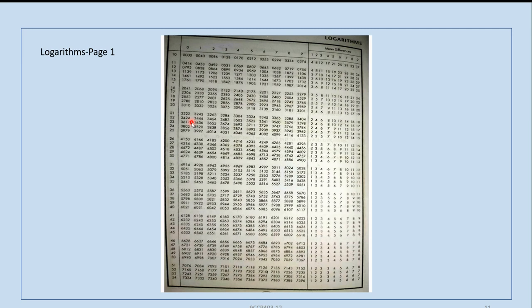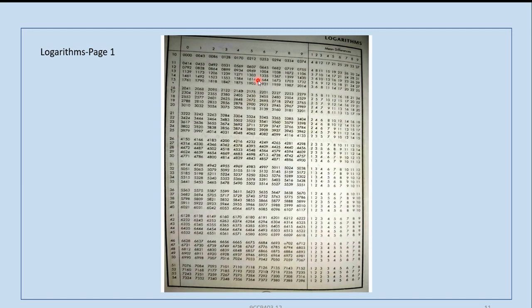Now here, we have to see how many digits are there before the decimal and after the decimal. Before the decimal, if we have any number of digits, 2, 3, 4, 5, 6 digits, now we have 3589.